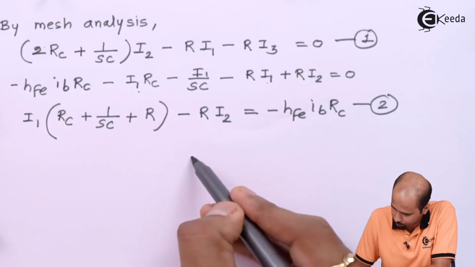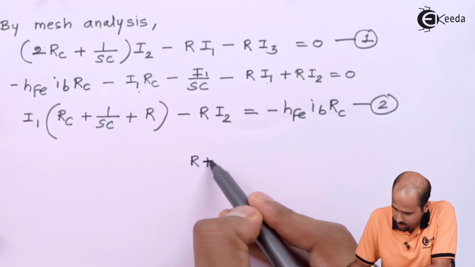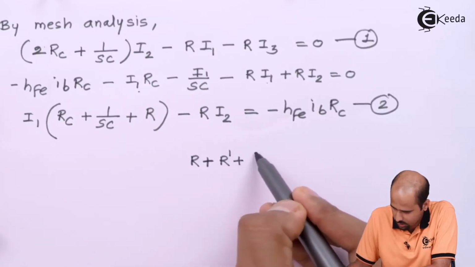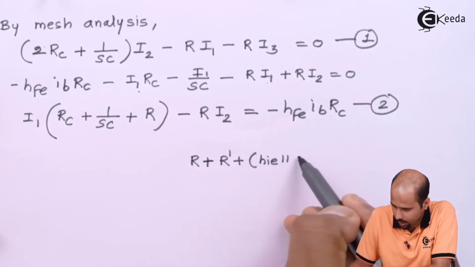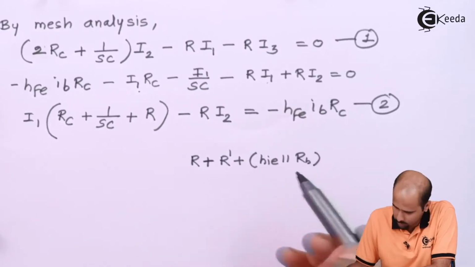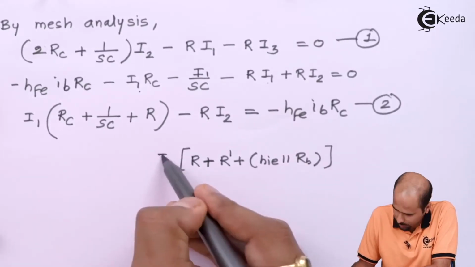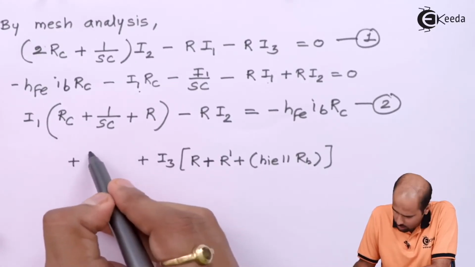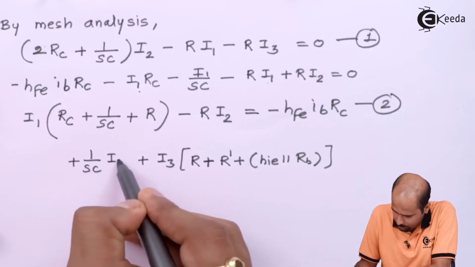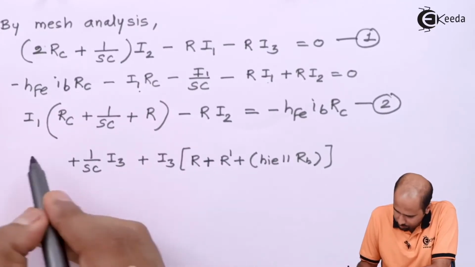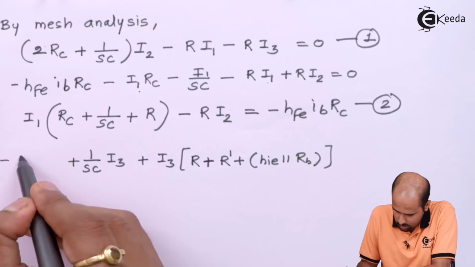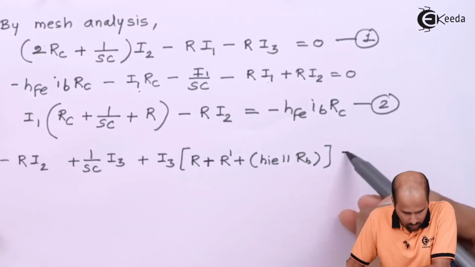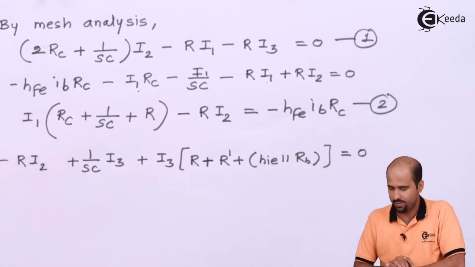This will be (R plus R dash plus HIE parallel RB) into I3 plus 1 upon SC into I3 and minus R into I2 is equal to 0. Very simple thing.